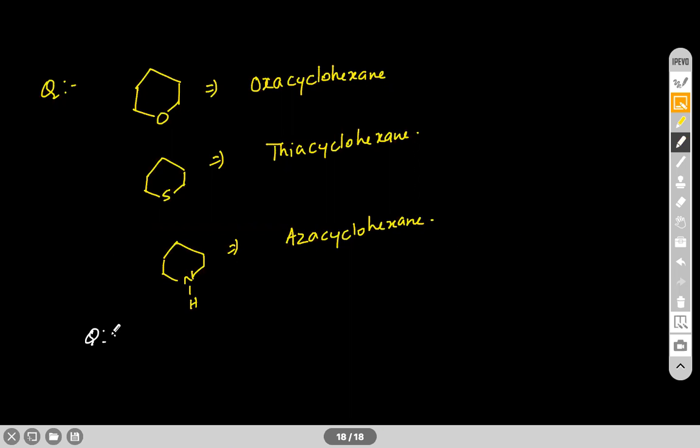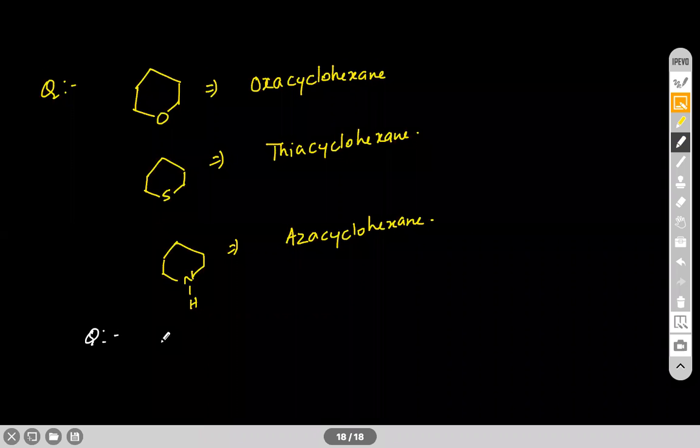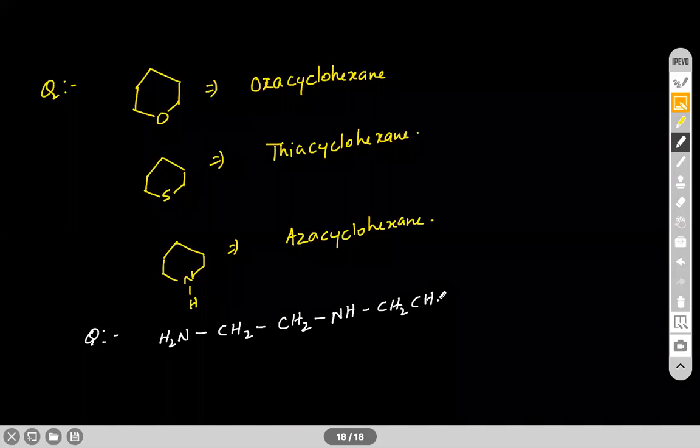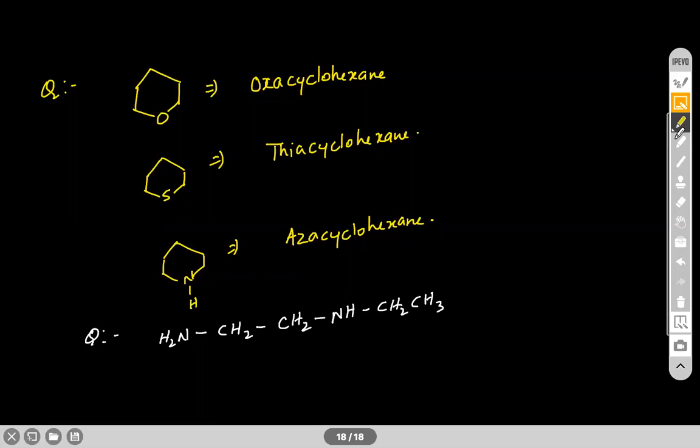If the compound is an open chain compound, for example NH2CH2CH2NHCH2CH3, in this case we'll prefer the numbering to the nitrogen atom rather than the carbon atom.